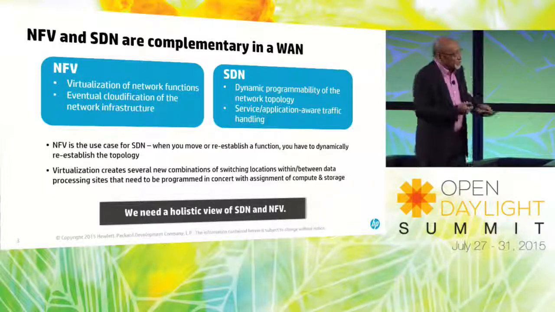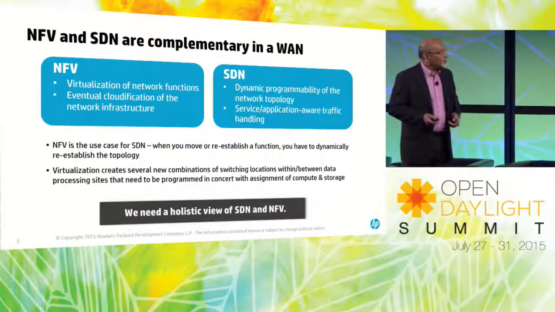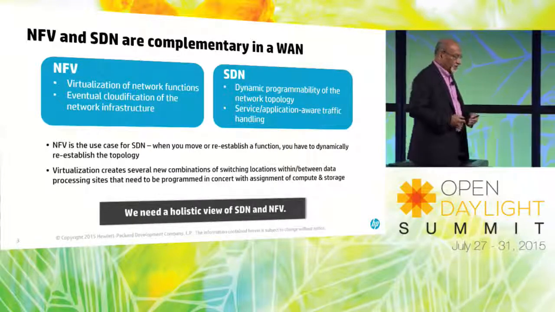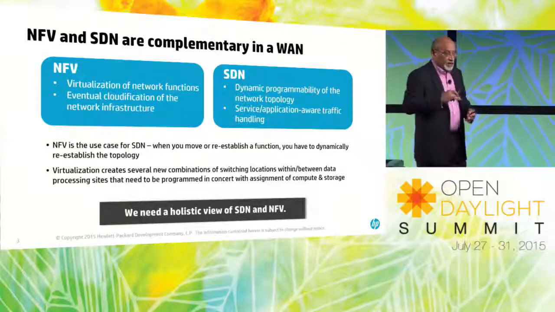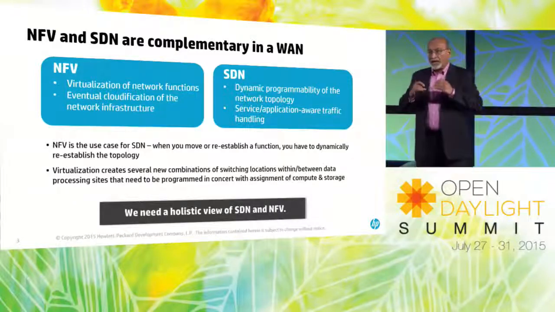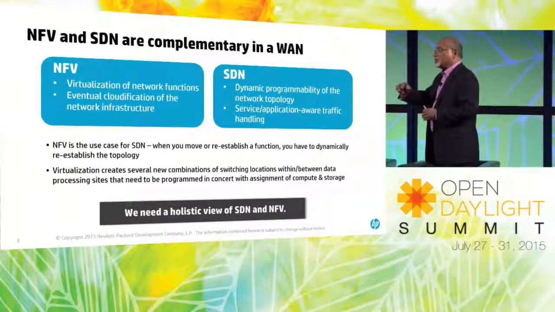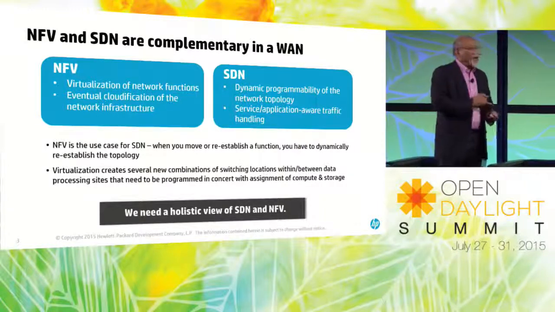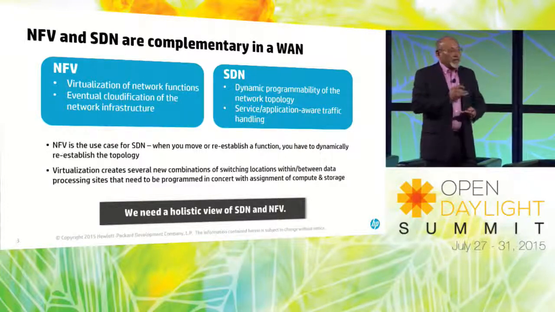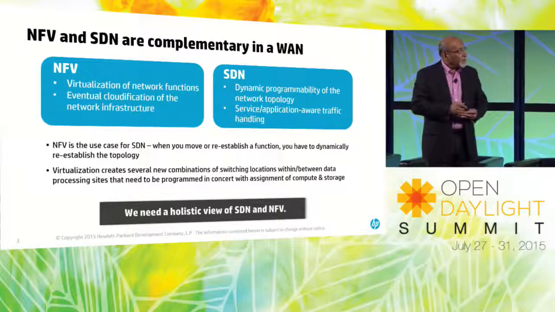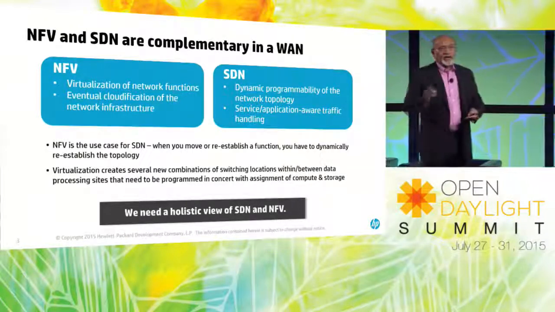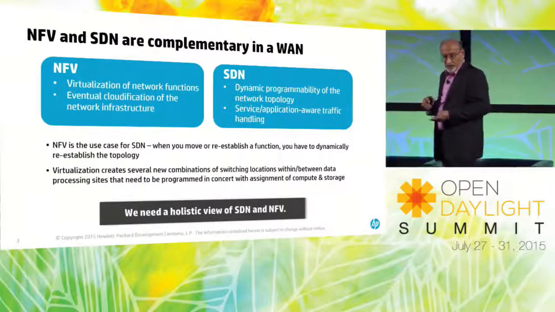And so I've talked about the fact that NFV is the use case for SDN, but the problem is when you introduce virtualization and you look at what you're doing from a network perspective, you start to introduce several layers of networks and switching. There's switching happening in the software, there's switching happening in physical switches below, there are NICs involved, there are many layers of network involved here.